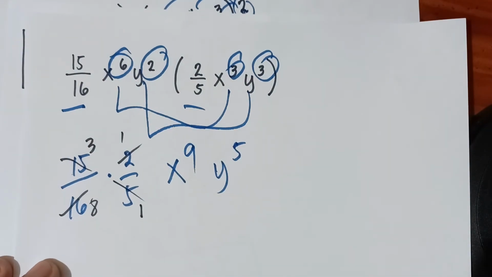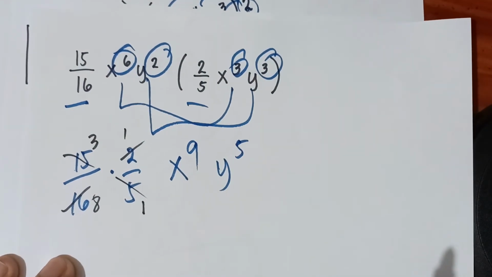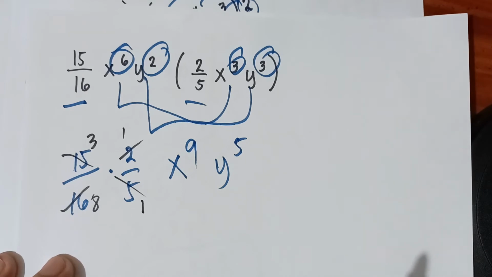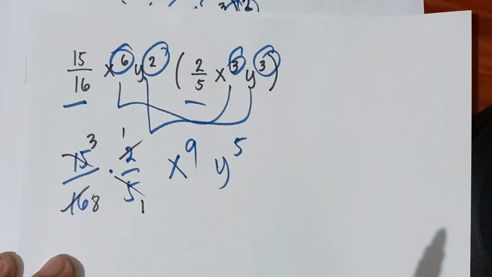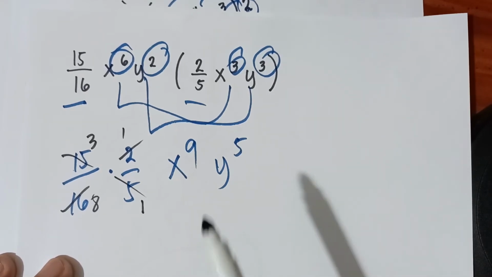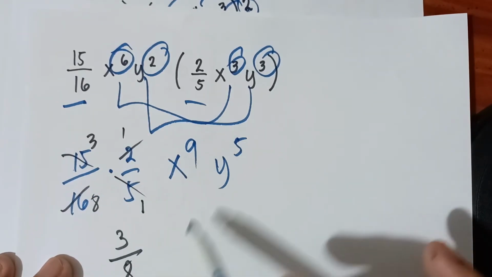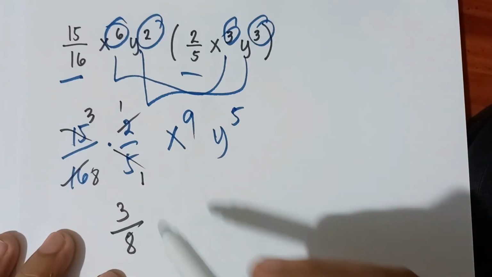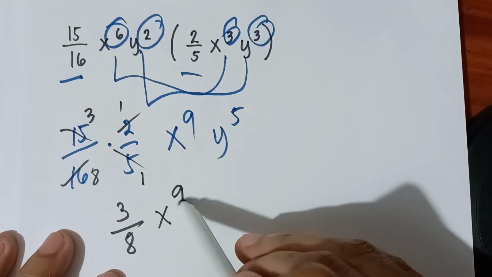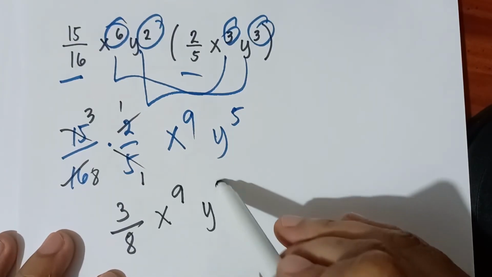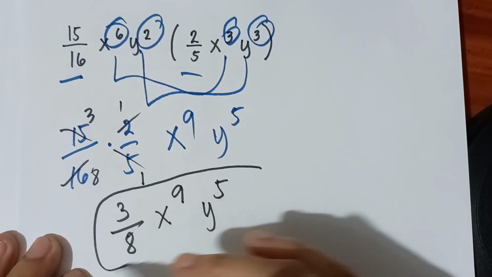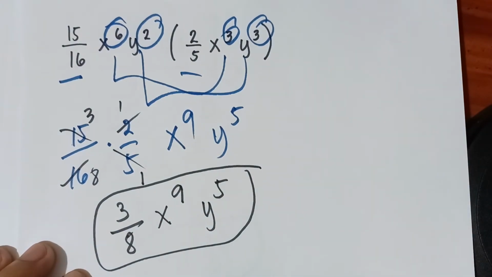Okay, so yung mga hindi o medyo nalilito sa cancellation, you can watch my video about multiplying fraction using cancellation. Okay, so next, 3 times 1 is 3, 8 times 1 is 8. And then just copy x raised to the 9th power, y raised to the 5th power. At eto na yung final answer.